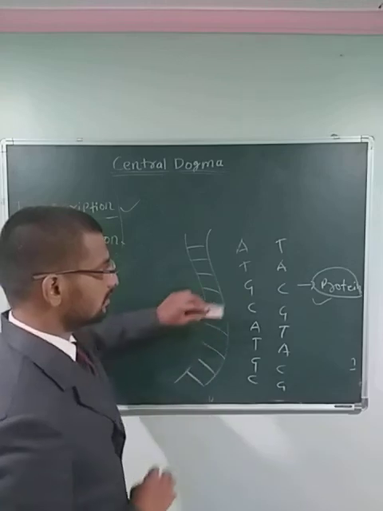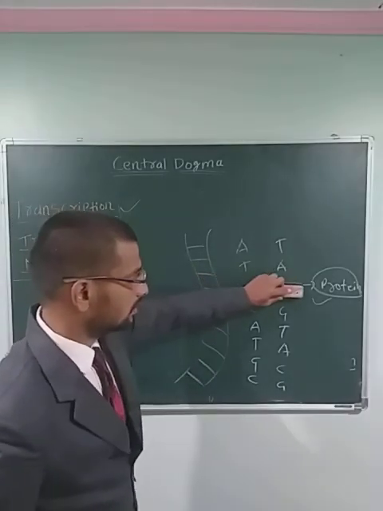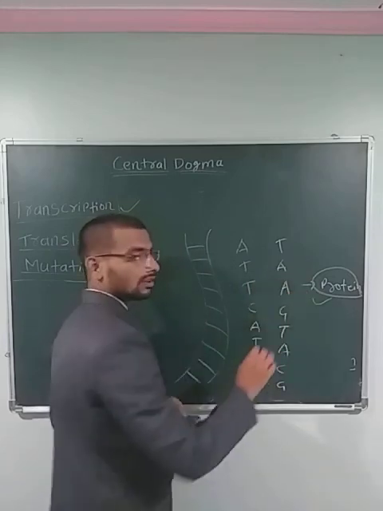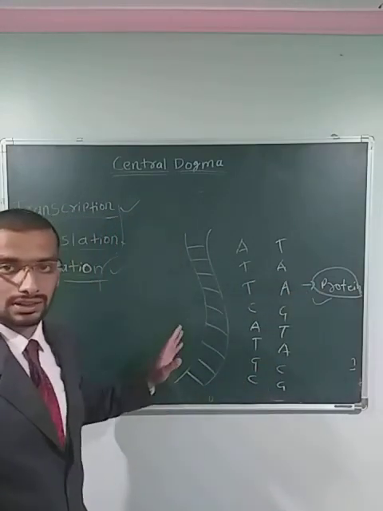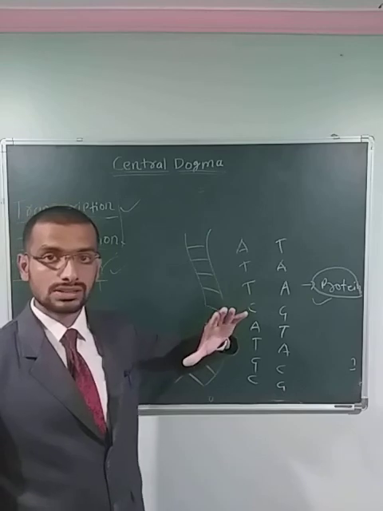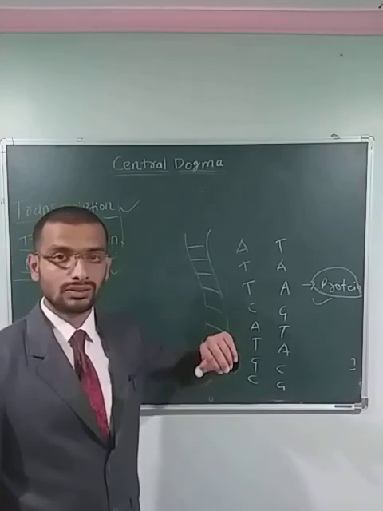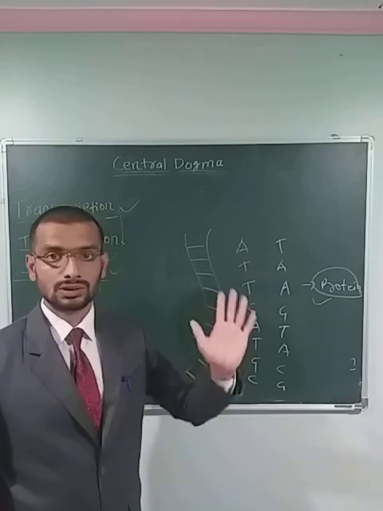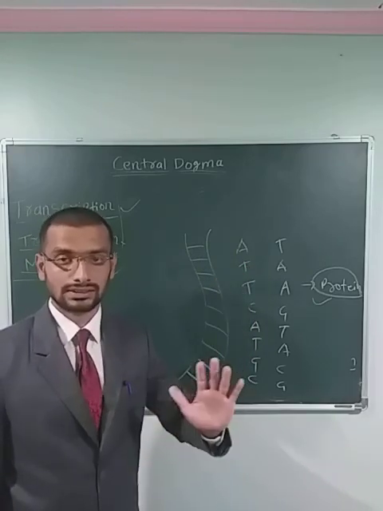But by various mechanisms, the DNA sequence gets changed. Just now we have seen that in the transcription and translation process, a particular sequence is necessary for binding of particular nucleotides in transcription and a particular tRNA binding in translation.